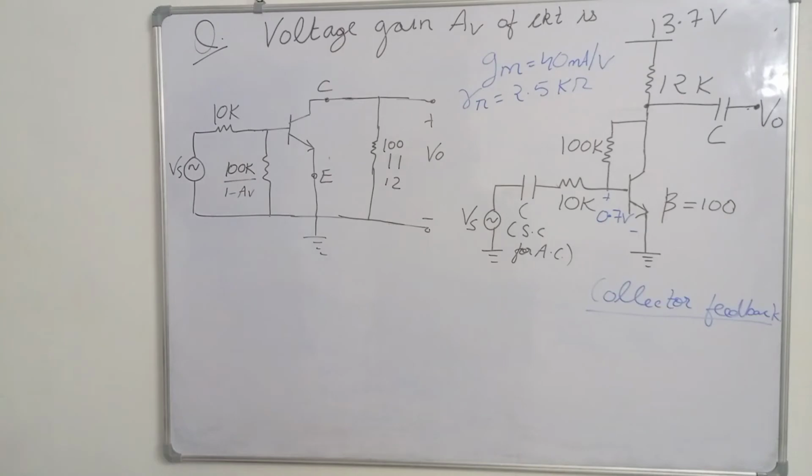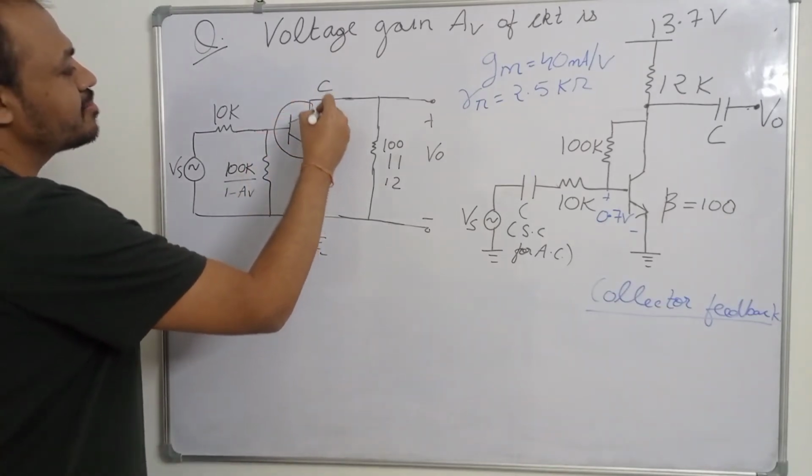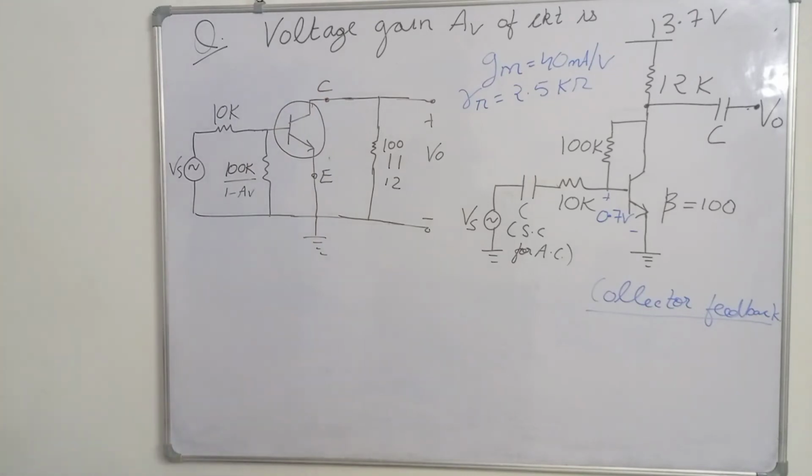Now, to this transistor we will apply the small signal model, or the R pi model. If we apply the R pi model, then we can draw the equivalent circuit like this.